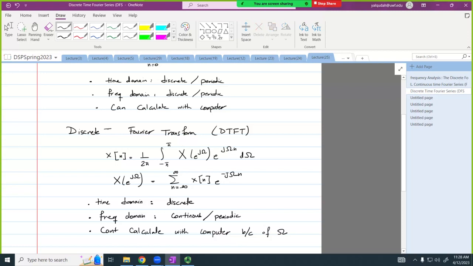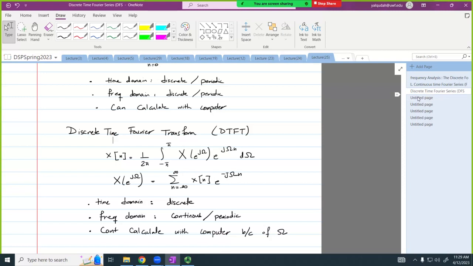Everybody remembers the discrete time Fourier transform? We can take X of z, replace z with e to j omega, which is the same as calculating it over the unit circle.